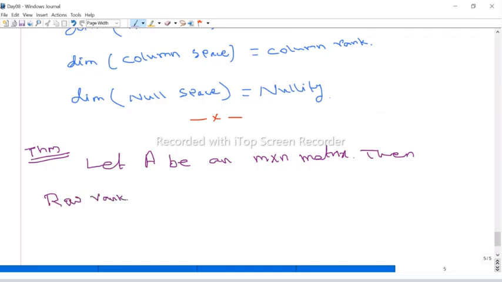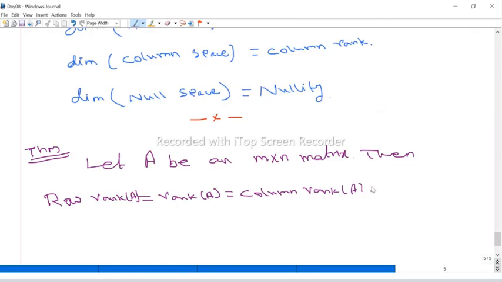Maybe I can write here, because we can form a row space using the rows of A. So this is equal to the row rank of the matrix, and this is equal to the column rank of the matrix A. So row rank of A equal to column rank of A equal to rank of the matrix.